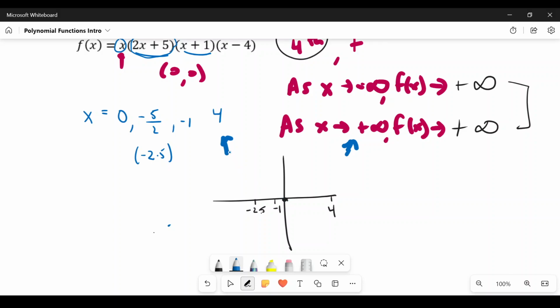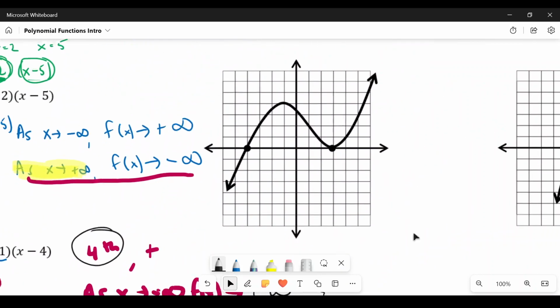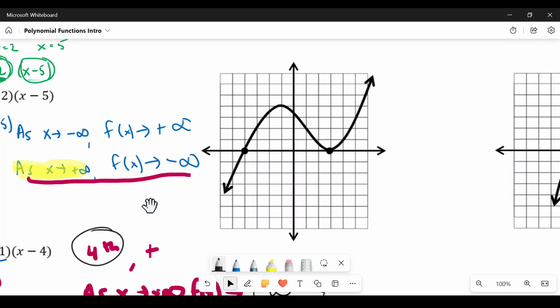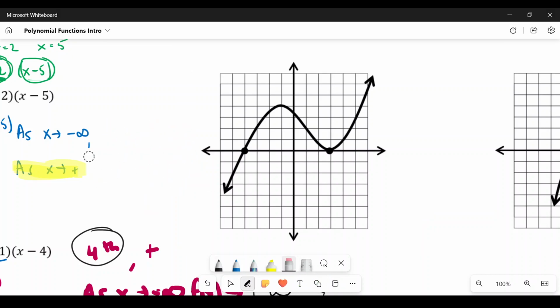So don't forget 0 is a root there. So root, root, root, root, and there we go. And you can see that the y-intercept is 0, so I don't have that extra y-intercept, positive or negative nature.